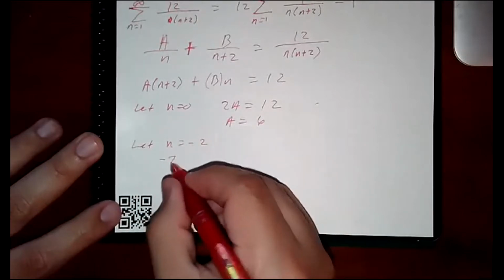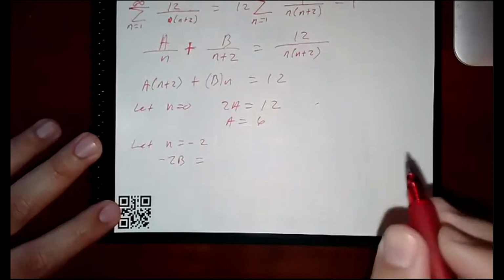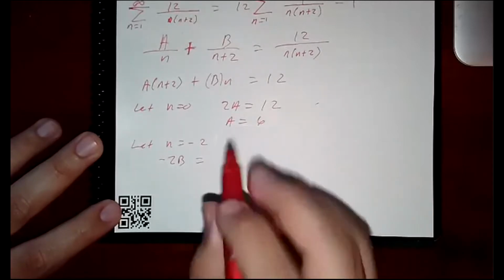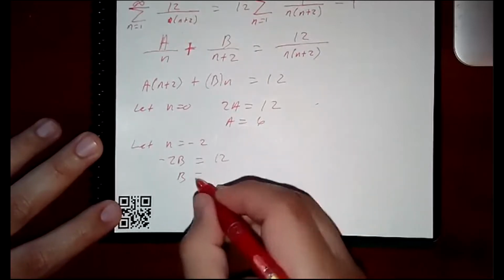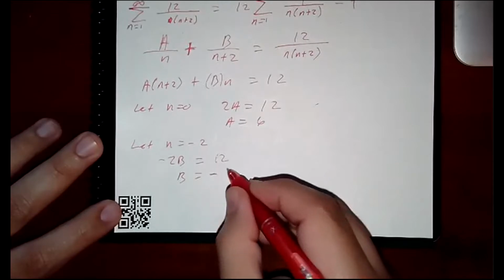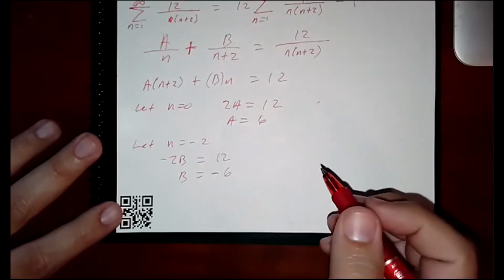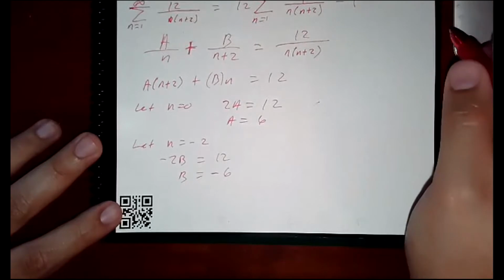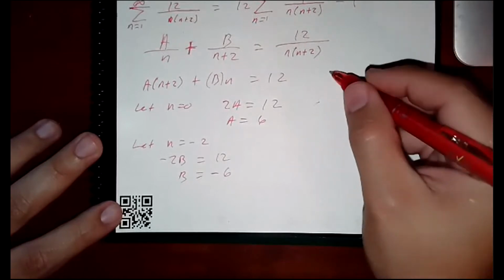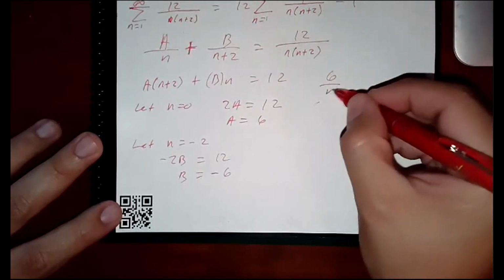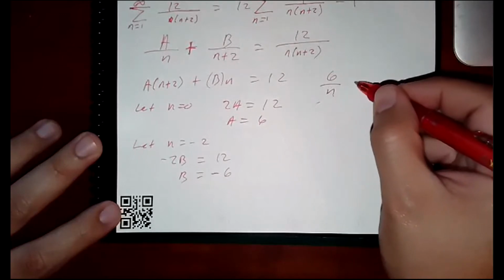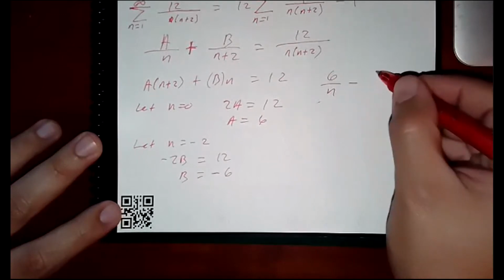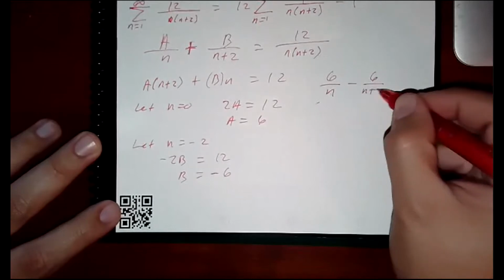So I'd have -2B equal to 12. So B would be -6, right? Okay, so then we have 6 over n minus 6 over n plus 2.